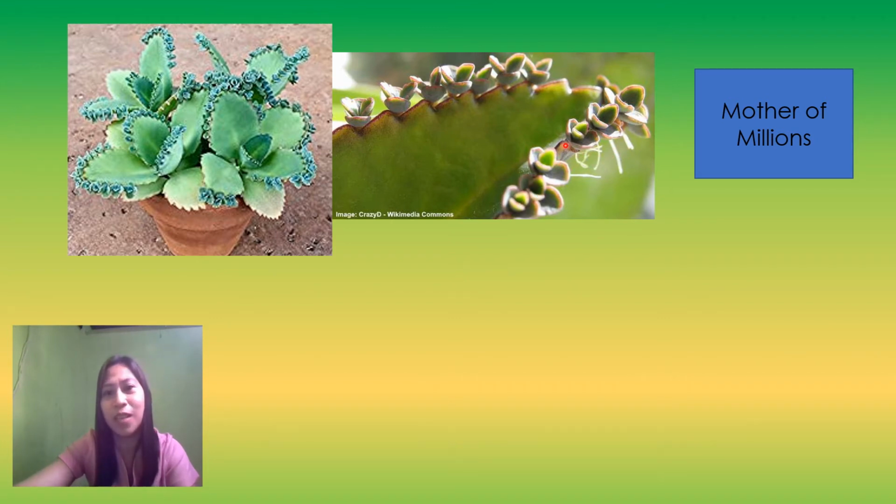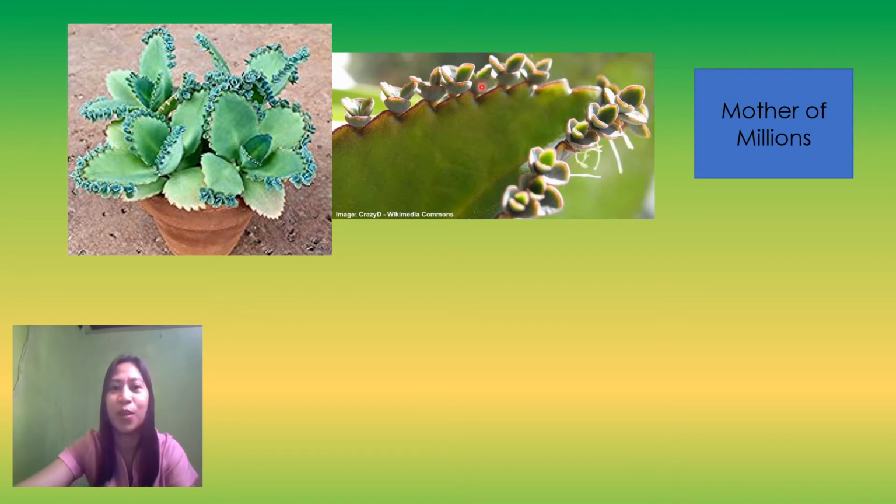When these babies start to grow roots, they fall onto the ground. When they fall onto the ground, they start a new plant already. So that is why it is called Mother of Millions, because when it multiplies, it really grows faster.